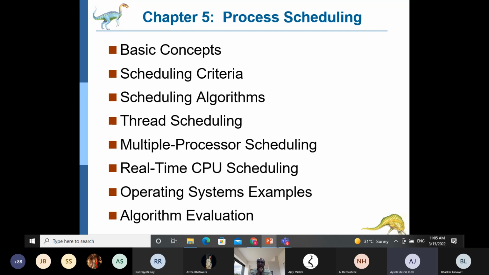And the examples of operating systems, how the threads are implemented. So those things we have discussed. And the next topic that we are going to discuss is process scheduling. Today and the next lecture, we'll try to cover these things. And afterwards, we discuss process synchronization, right?